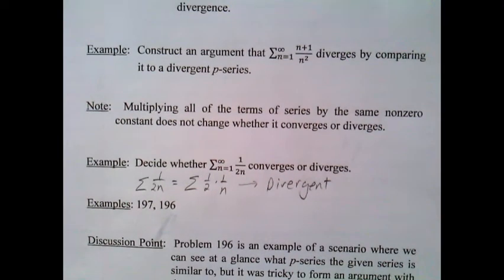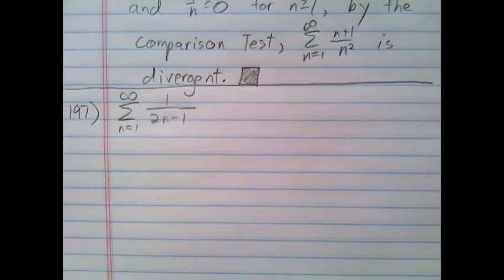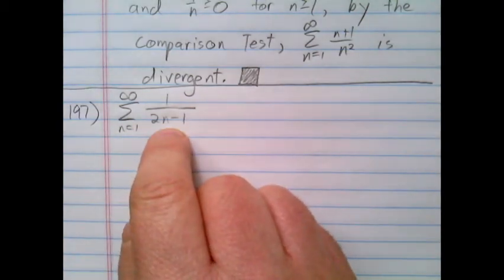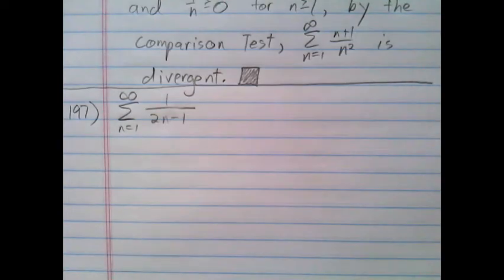So let's look at problem 197. Alright, here's problem 197 from the book. Still doing the same basic thing. The problem is still to use the comparison test to either show that it's convergent or show that it's divergent. Again, the first thing I'm going to do is decide, should I be comparing this to a p-series or to a geometric series?